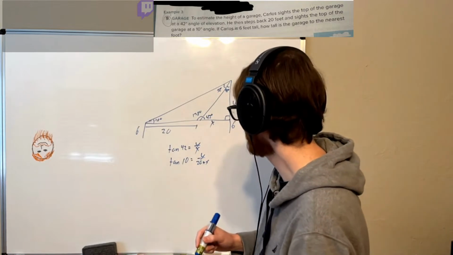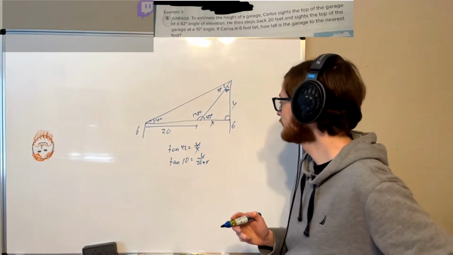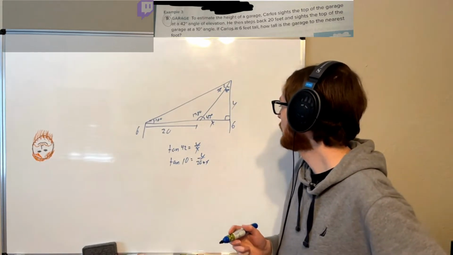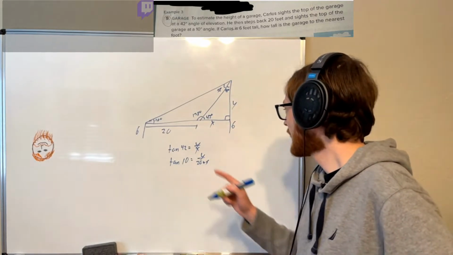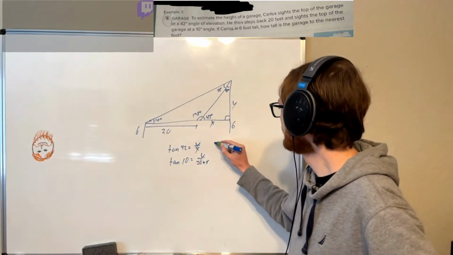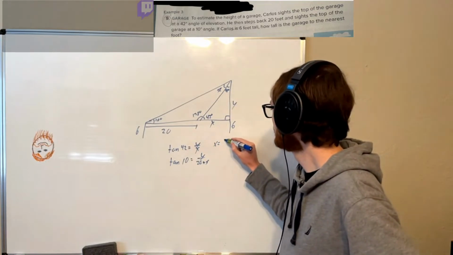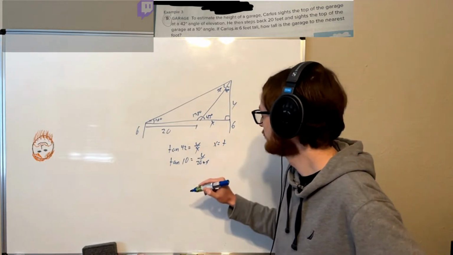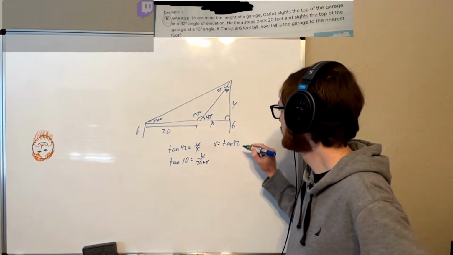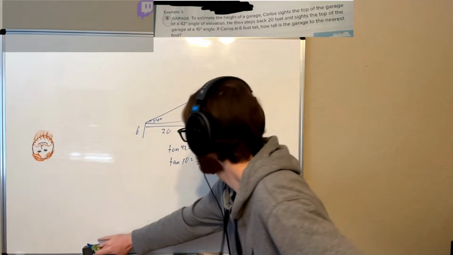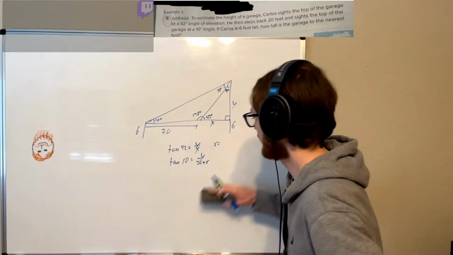That's two equations, two unknowns. We want y. That's the actual goal to solve for. So we could solve that one for x. Sorry, it's y over tan 42, isn't it?